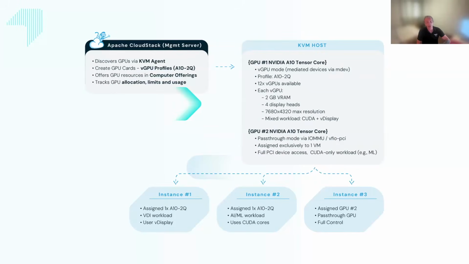In this example, I have two NVIDIA A10 cards connected. One is split into multiple vGPUs for VDI, and the other one is for pass-through. In CloudStack, after it's configured, it handles the discovery, profile creation, and allocation tracking, ensuring, in that case, consistency and governance, and you can provide users with compute offerings supporting the GPU for VDI workloads and machine learning, artificial intelligence, using, in that case, NVIDIA CUDA cores.